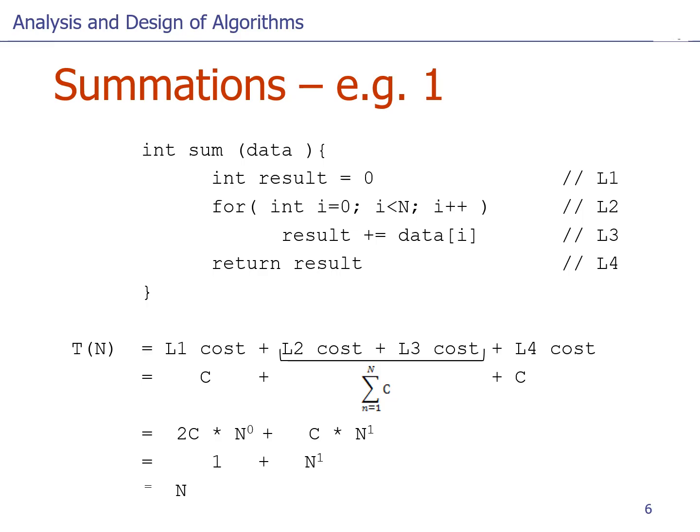So the next step is I'm going to rewrite all of this in terms of polynomials. So it's going to be 2 constants, 2c, multiplied by n to the 0, which is 1, plus 1c multiplied by n to the 1. Where did I get the second term? I'm getting it from resolving the constant using the rule that I was just discussing with you earlier.